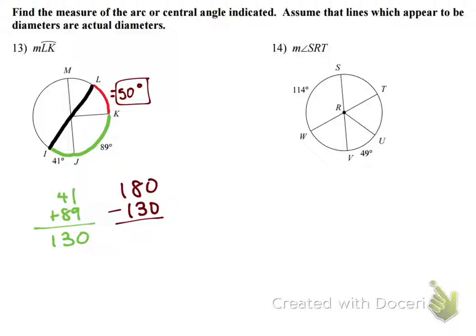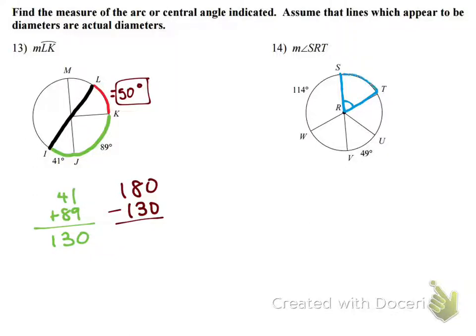The second one, we're finding an angle. Angle SRT. You can do this a couple ways. This angle will be the same measure as what arc? I meant what arc is it going to be congruent to?